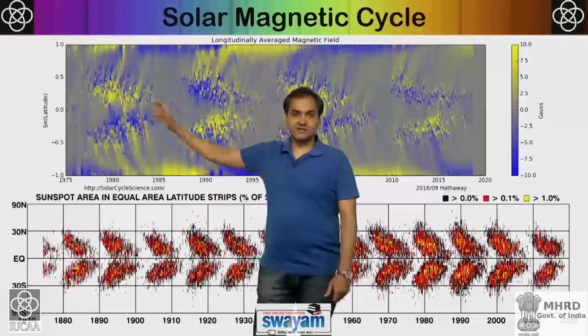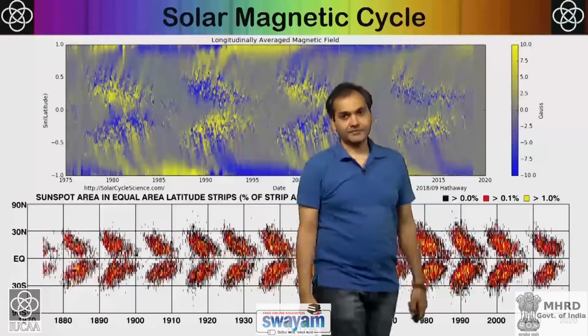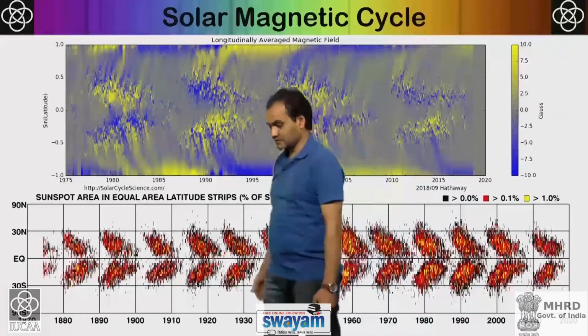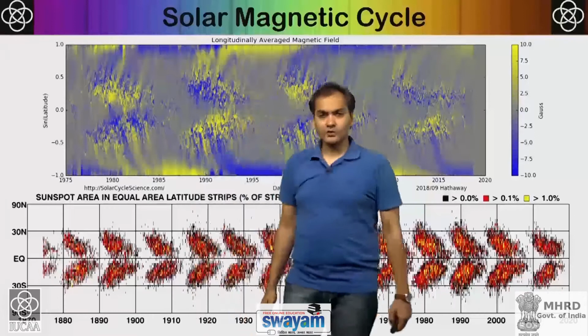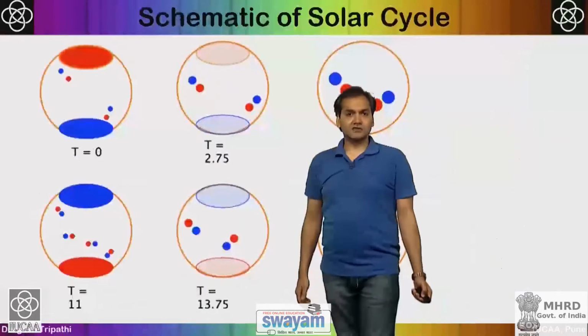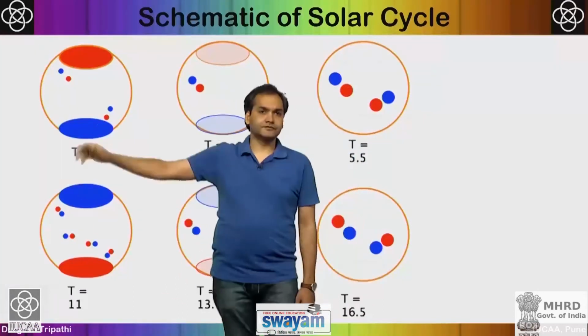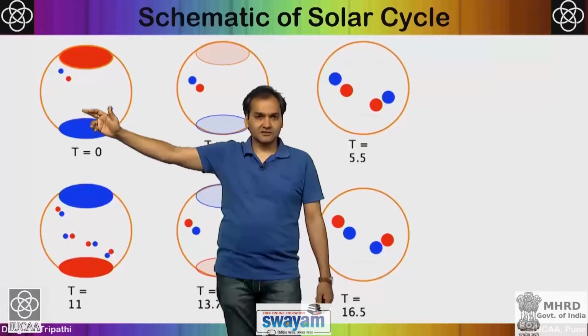So, this is called the solar magnetic cycle, and this is the solar sunspot cycle. Essentially, they mimic the same thing, because as we also understood, the sunspots are the strong magnetic field regions. What this shows in a cartoonish way is that at t equals 0, you have red and blue, consider red as positive and blue as negative if you like.